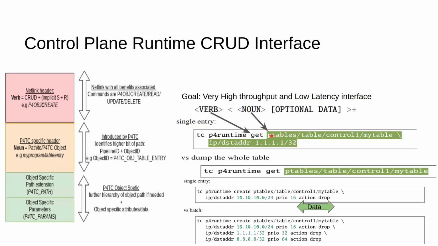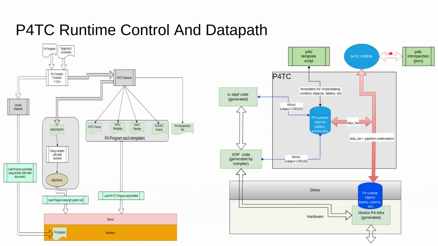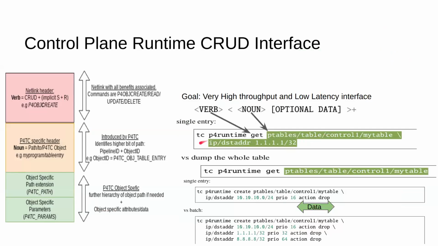In this case, we're pointing to an entry on this table called my table, an IP address which can be described for humans in this format. It consults the introspection file in order to construct the binary semantics of this. So it's basically verb, noun, and optional data.